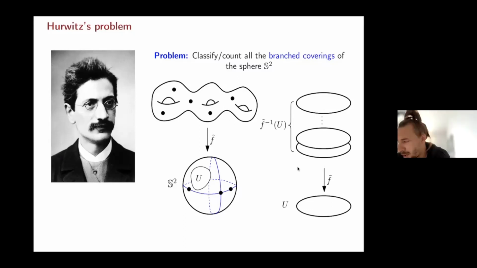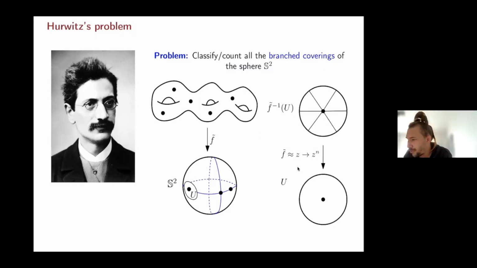There is a finite number of points on the sphere such that your covering around these points looks a bit differently. If you look at a very small neighborhood around these points, your function looks like z to the power n. This is a function which maps, in local coordinates, a unit open disk onto a unit open disk.